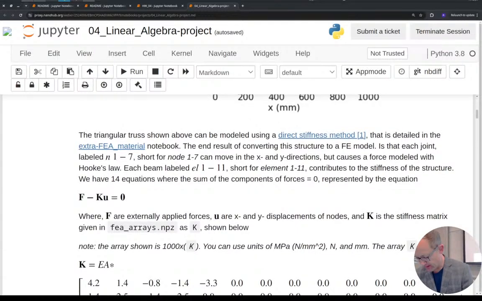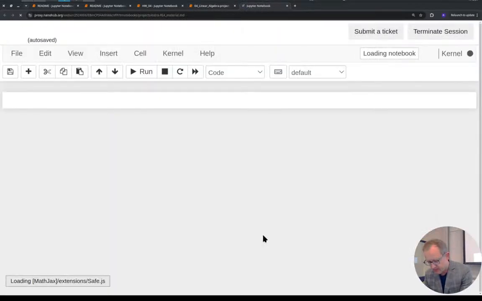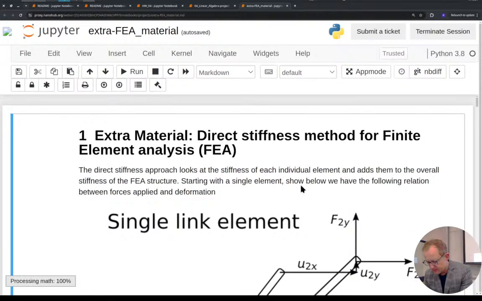And then what are the other things that come up? So this extra FEA material has some of the work that went into building that stiffness matrix. It also has a little bit of post-processing stuff in there.